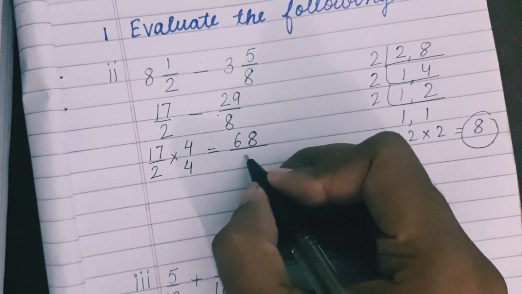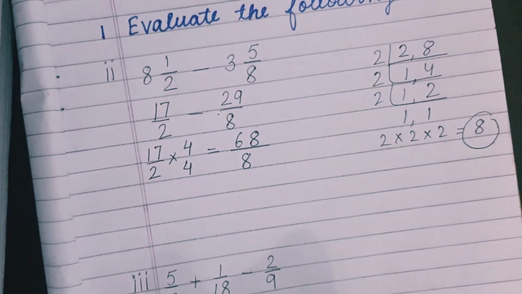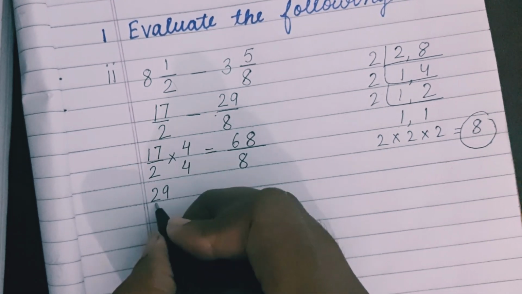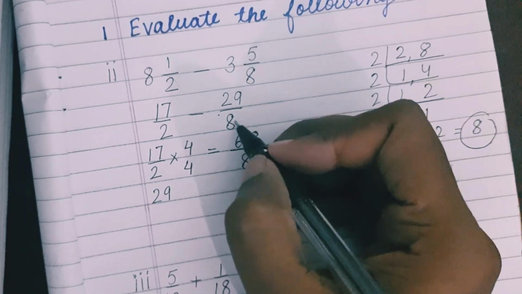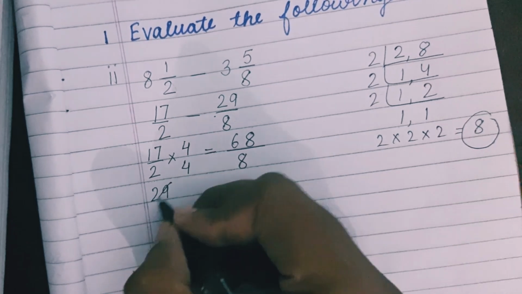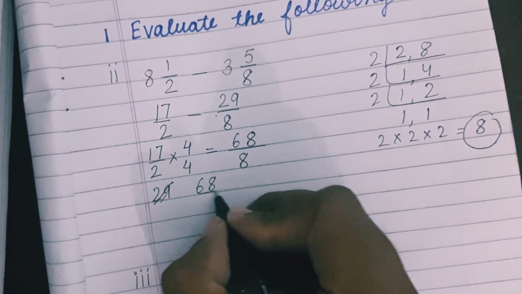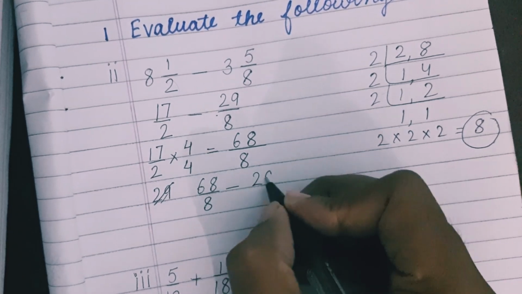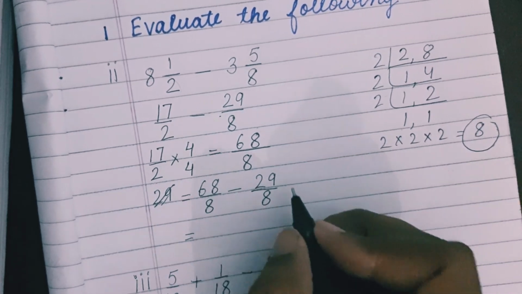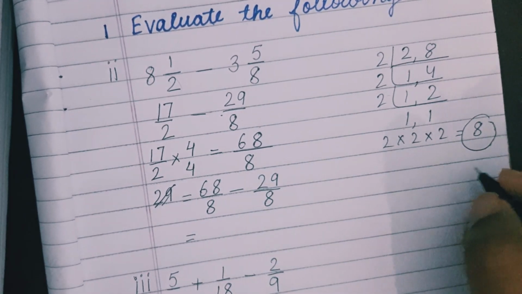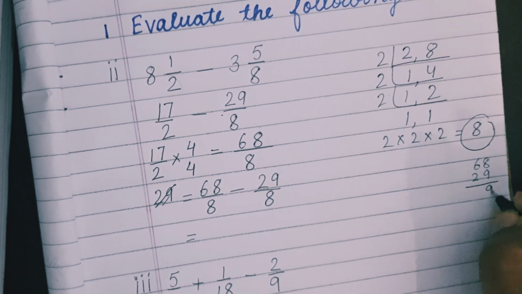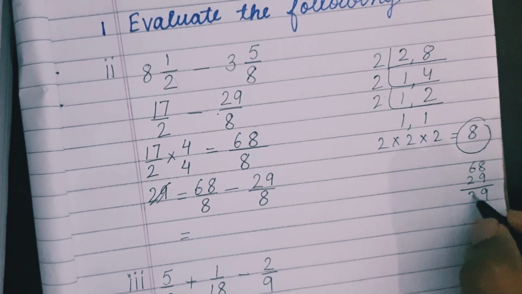So here you will write 17 4s are 68 upon 8. Here also you will change 29 upon 8. The denominator is already 8, so simply you will subtract it, 68 upon 8 minus 29 upon 8. When we subtract 68 minus 29, it will come 39.